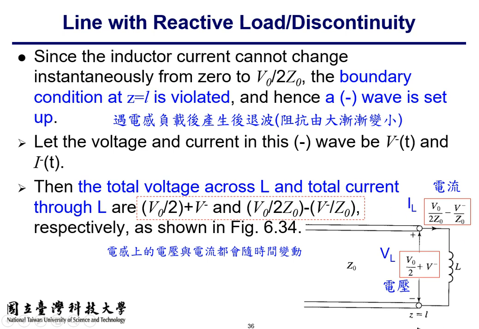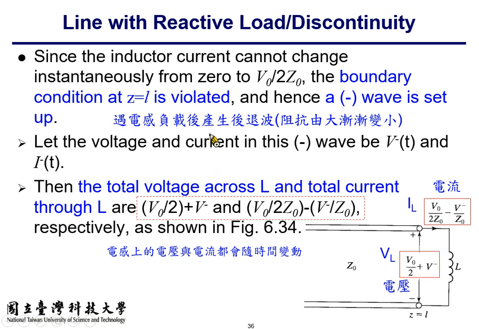At a certain time later, that is, the propagation delay for the signal on the line, it reaches the right end, which is located at z equal to L. Because the line is terminated with an inductor, the ratio of the V plus and I plus signal is not compatible with the voltage and current relationship on the inductor.